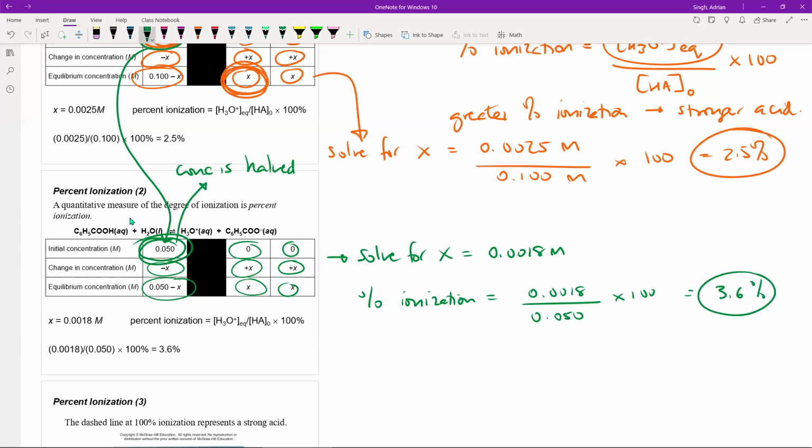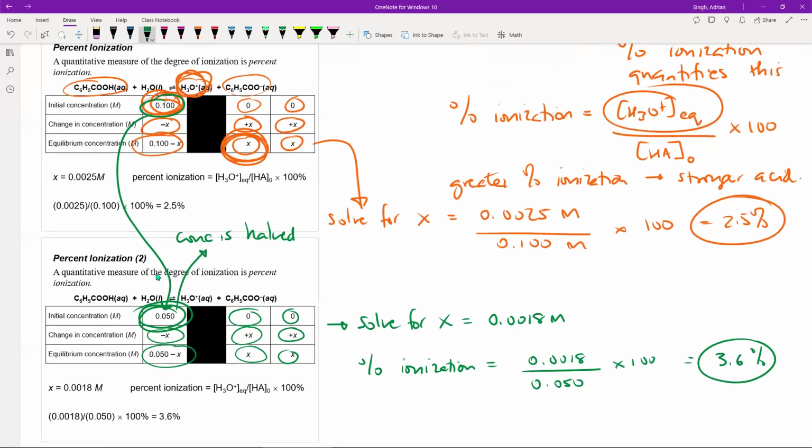So in both of these examples we have the same acid, benzoic acid. The difference here is the original concentration. We have 0.1 molar versus 0.05 molar. And what that leads to is a difference in the percent ionization.